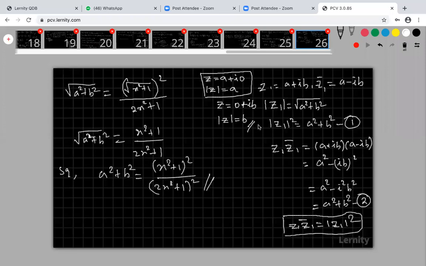Your magnitude or modulus is the length, the distance. It will never be negative. B only. So if the complex number has only real part, then the magnitude is the real part alone. Modulus and magnitude both give the same meaning. Are you okay?